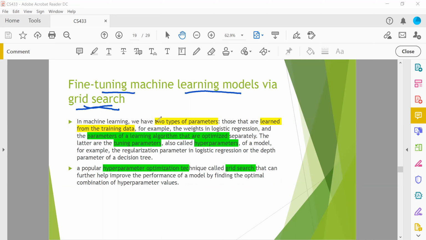In machine learning, there are two types of parameters. One type is like the weights in logistic regression and gradient descent, where we always try to adjust the weights. The other type of parameter is like the regularization parameter.